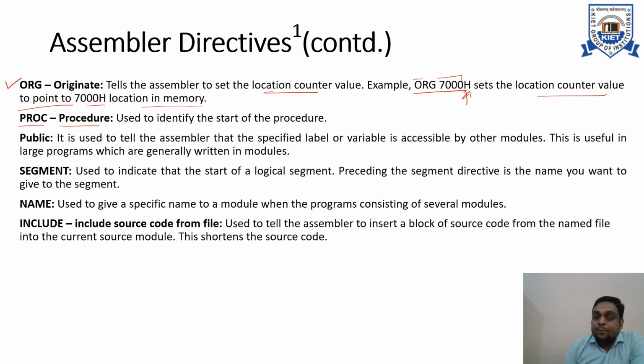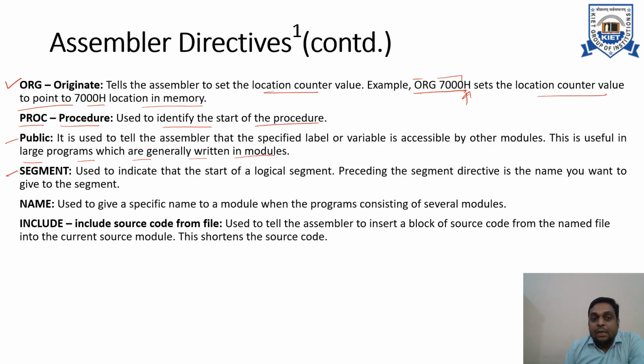PROC stands for procedure, used to identify the start of a procedure. Public is used to tell the assembler that the specified label or variable is accessible by other modules. This is useful in large programs which are generally written in modules.